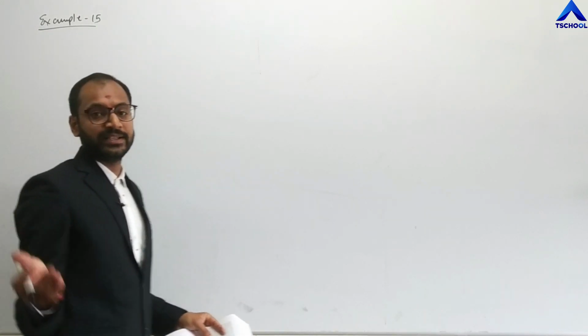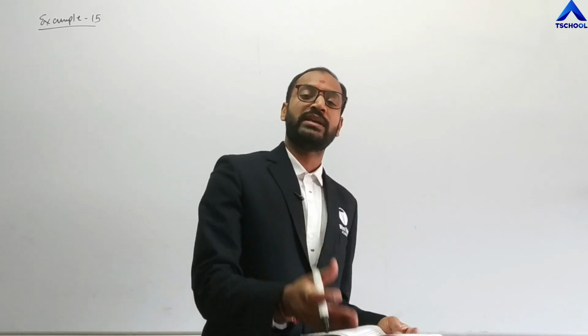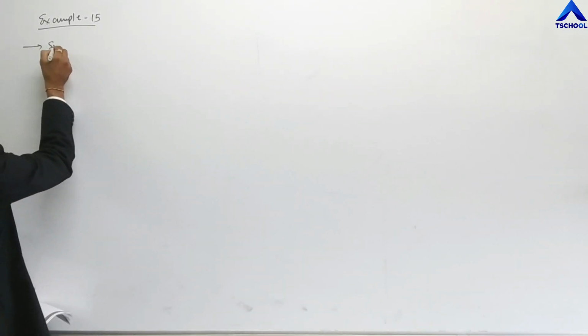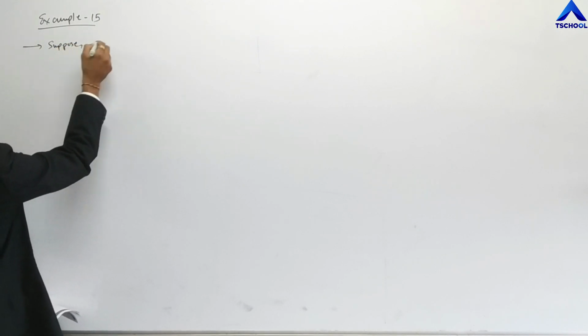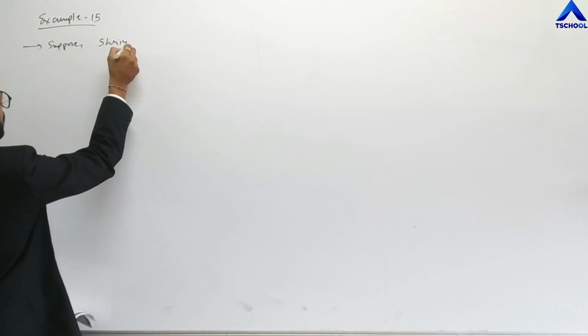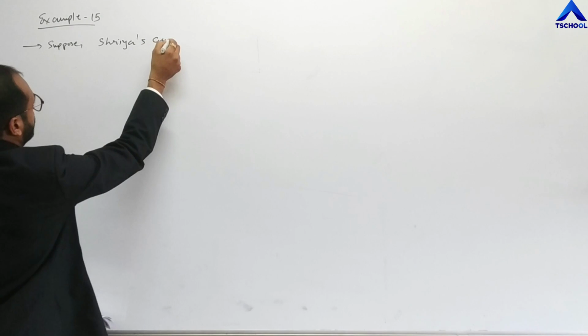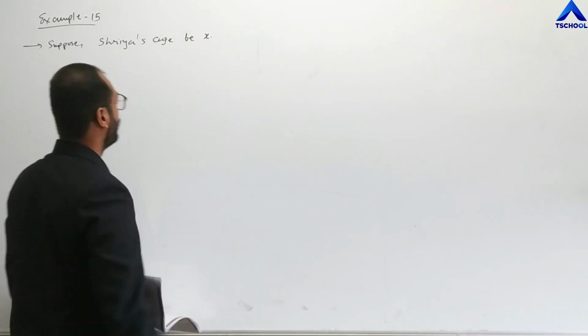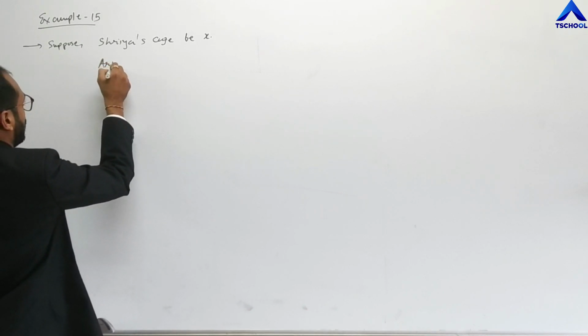That means if we consider Shreya's age to be x, then Arjun's age will be 2x. Clear? So let me suppose Shreya's age be x. Then what is Arjun's age?